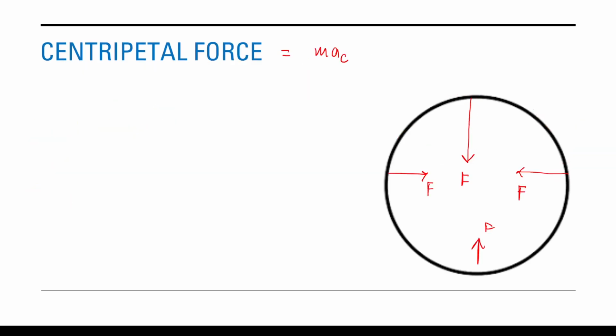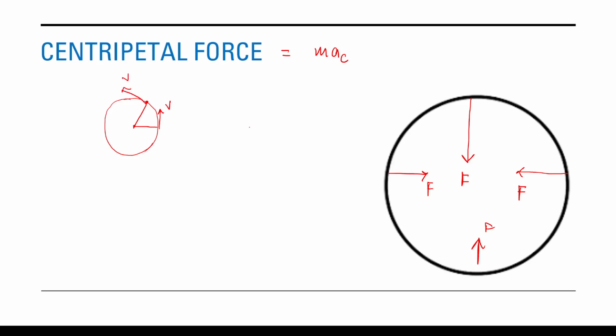There's no space, so let's do it here. I'm drawing a triangle in a circle. Let's say this is a position and this is a position, and the velocity here is this and the velocity here is this.